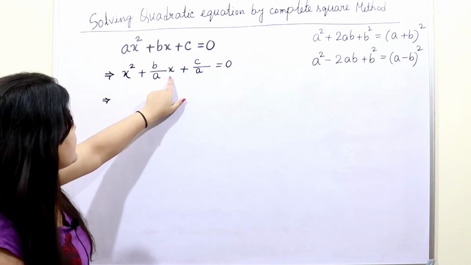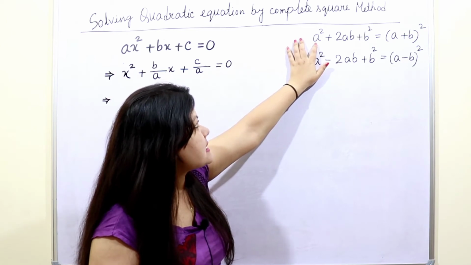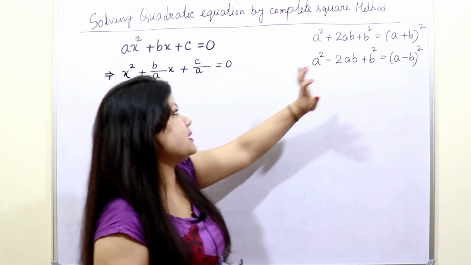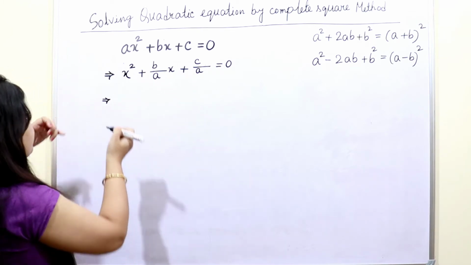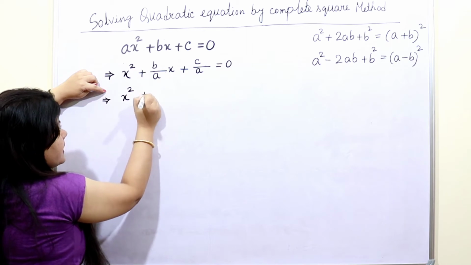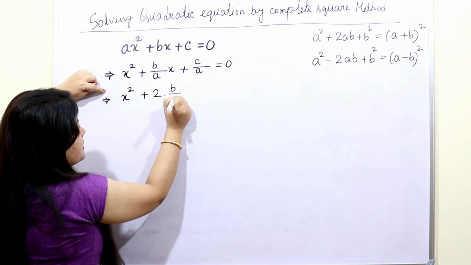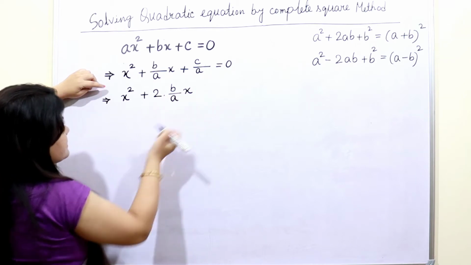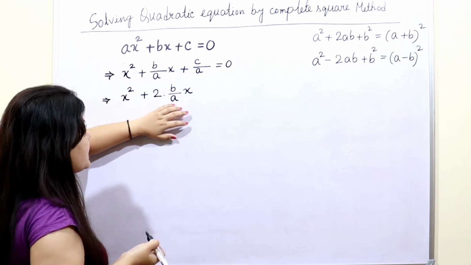If you compare the equation with this form, this is the first term, then plus 2ab. We have to express the second term as 2ab. So this is x square, then 2 b by a x. Whichever terms are already present, we just write down their values.